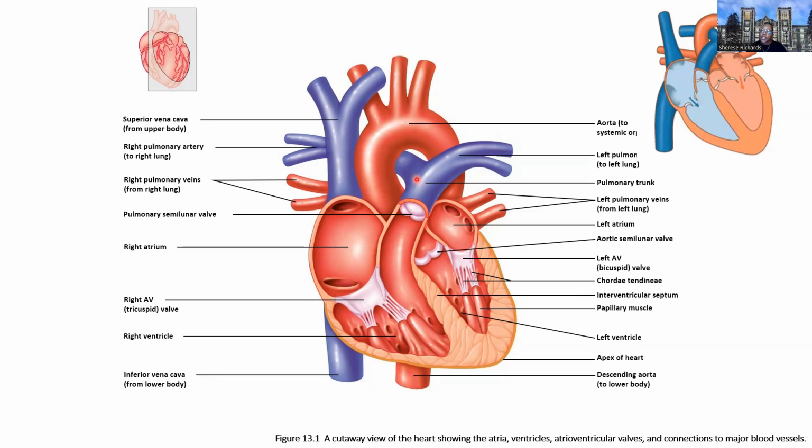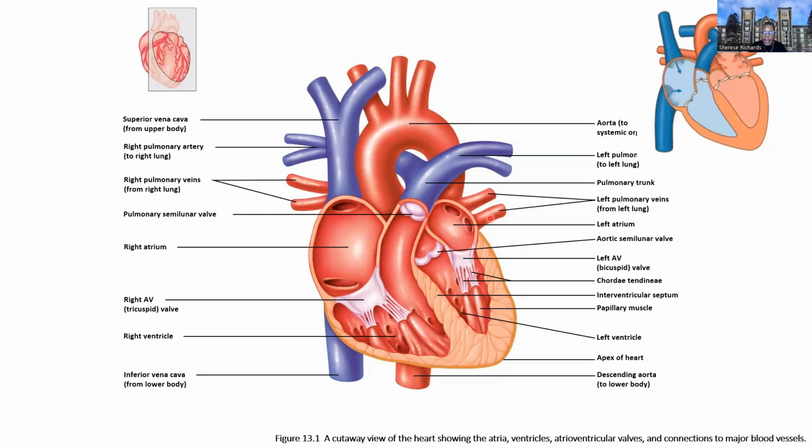And that is where oxygen is picked up, right? So the blue color here tells us, although this is an artery, it has poorly oxygenated blood that is going to the lungs to be exchanged for oxygen. From there, we come back from the lungs via pulmonary veins. Again, although these are red in color, these are veins because they're coming back to the heart.